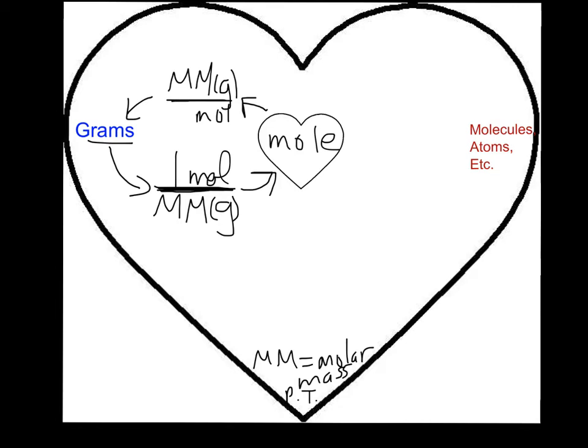I need to move away from the mole. Oh, and I forgot to put 1 mole here at the bottom. Okay, so if we, let's say starting with mole, that means I want to cancel it out. So the conversion factor I'm going to use is going to have 1 mole on the bottom.